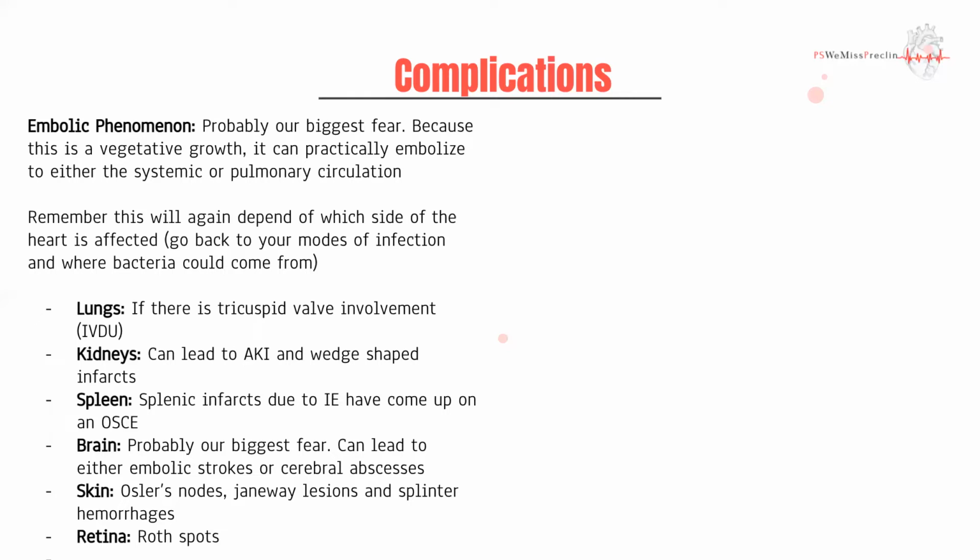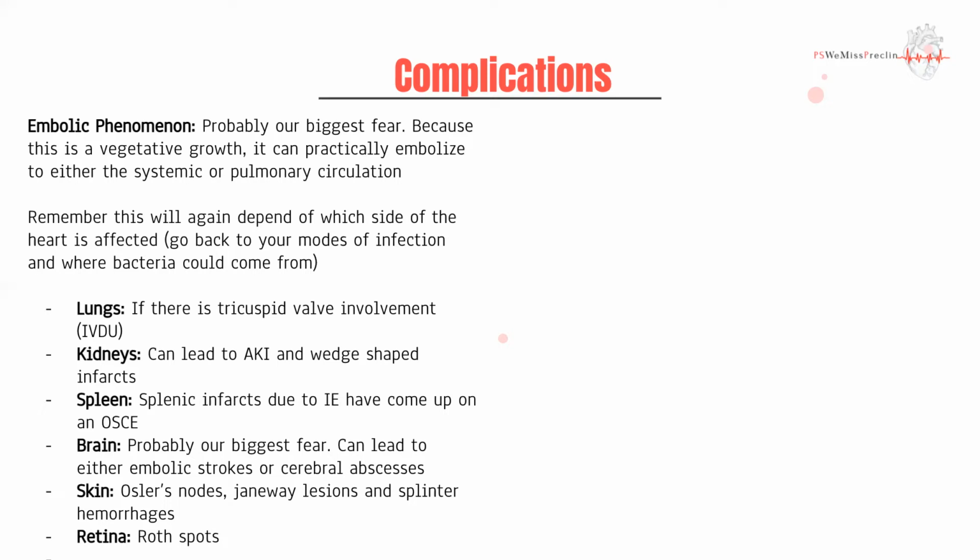So you can flick off clots to the lungs, the kidneys, spleen, brain, skin, and retina. Some of these have a diagnostic purpose. For example, Osler's nodes, Janeway lesions, and splinter hemorrhages are all dermatological manifestations of infective endocarditis, which are all components of our cardiac exam. The big ones we worry about are the brain, because it can cause embolic strokes or lead to the development of cerebral abscesses if you're flicking off vegetative growth.